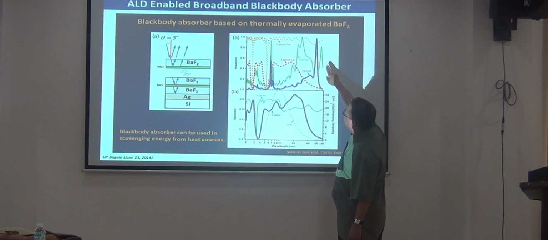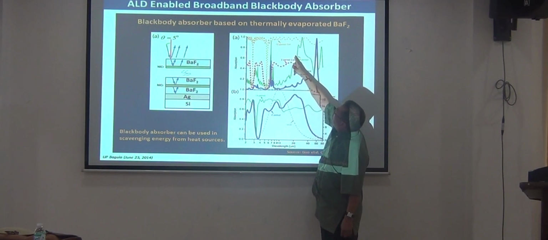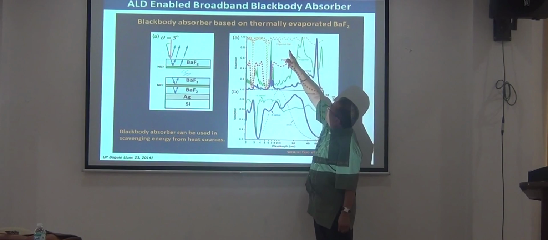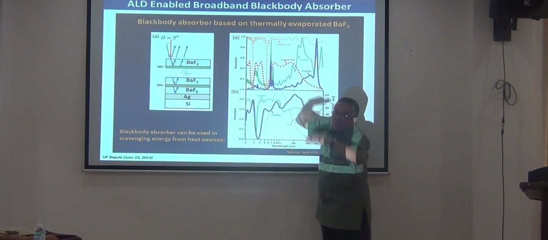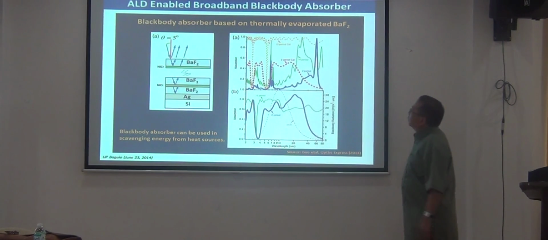So in this case, for example, we have a calculation of the absorption if we have 10 periods of this and 2 periods of this structure.